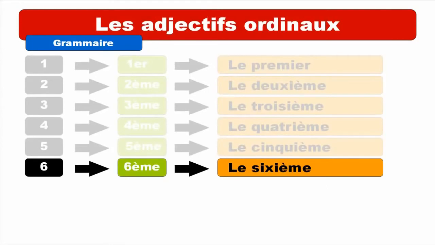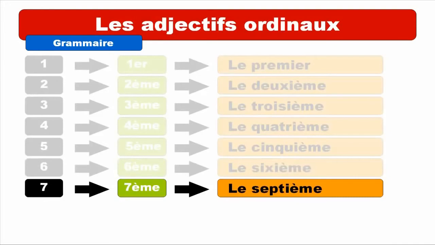Le sixième. What's quite funny is that the X in the word sixième is pronounced like S. So it's not really X. You pronounce it like S, so you get sixième. Repeat. Okay.